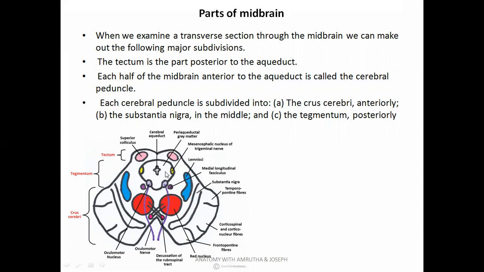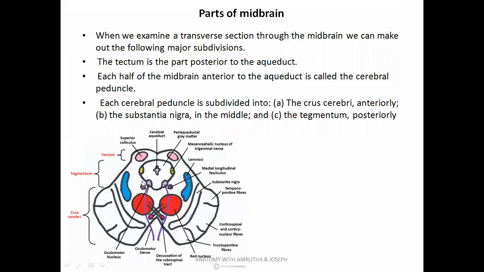So first of all, behind the cerebral aqueduct, the posterior part of the midbrain is called the tectum. Now, in front of the cerebral aqueduct, if you divide this midbrain into two halves by a line, each half is called the cerebral peduncle.